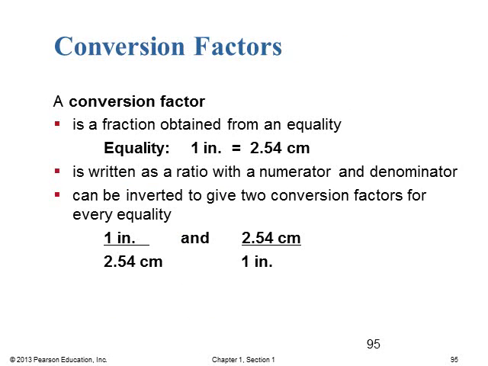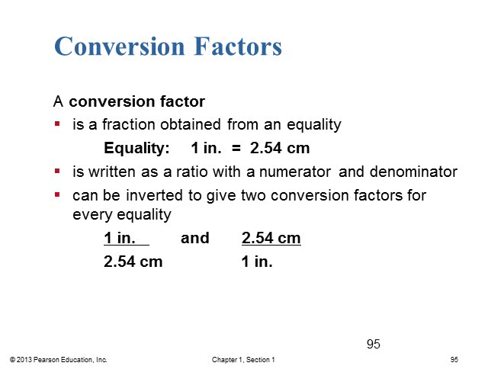When we make a mathematical formula using these equalities, we call that a conversion factor. It's basically creating a fraction or ratio with a numerator and denominator, making it equivalent. If we have the equality of 1 inch equals 2.54 centimeters, that is a measured value because it's going from one system to another.